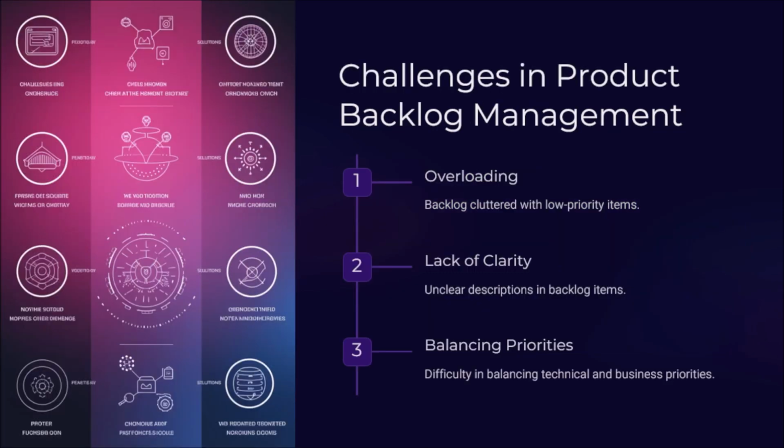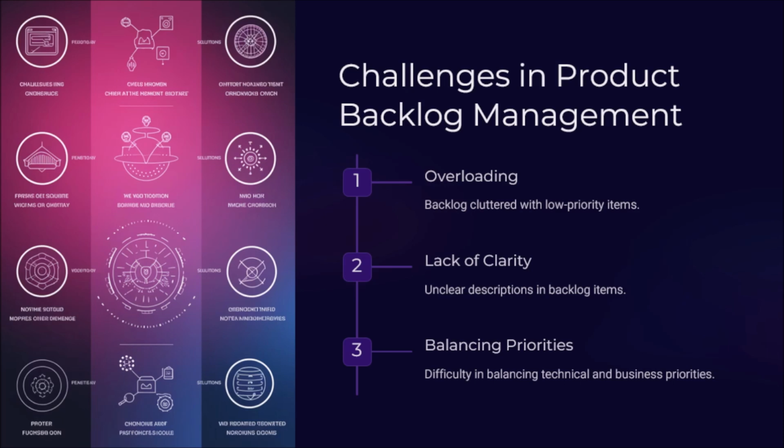Some of the challenges that you might face when managing the product backlog, especially when it becomes cluttered with low priority items or lacks clarity in the description of the high priority items. Balancing technical and business priorities requires effective collaboration between the product owner and the Scrum team to ensure alignment and visibility.